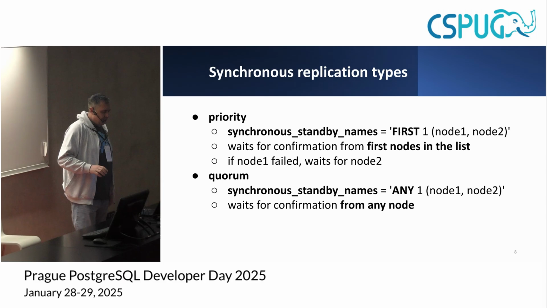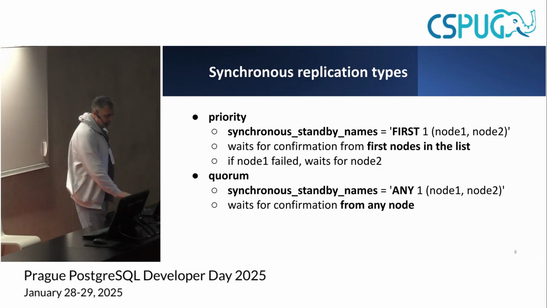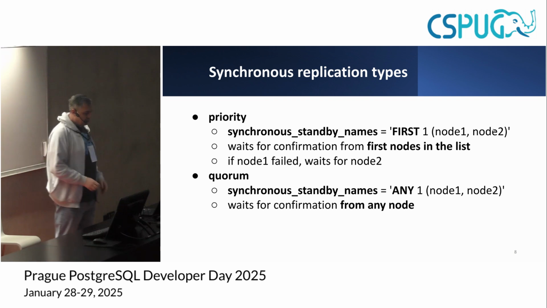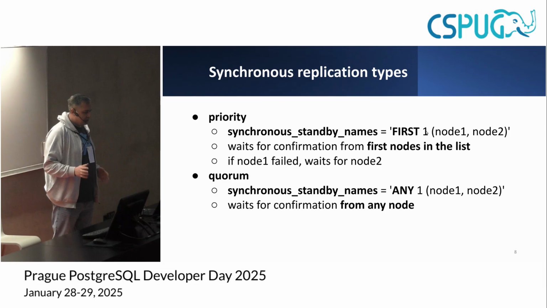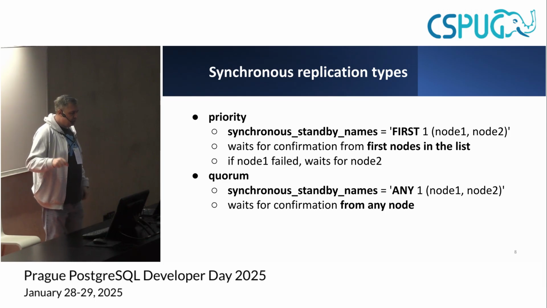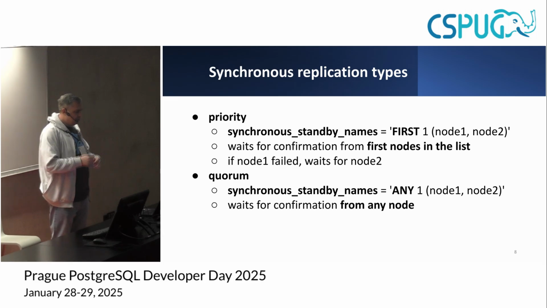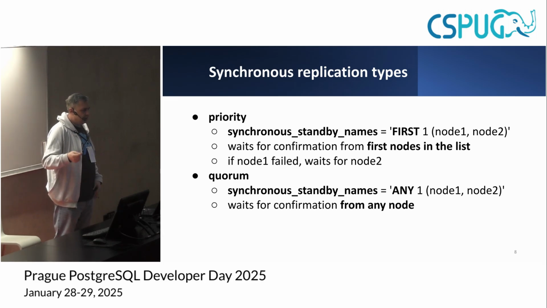Now it's synchronous_standby_names, and you can specify a list of nodes or maybe an asterisk, and you say, I want a transaction to be successfully reported to the client only when some number of nodes from this list confirm that they received and maybe flushed or applied this data.